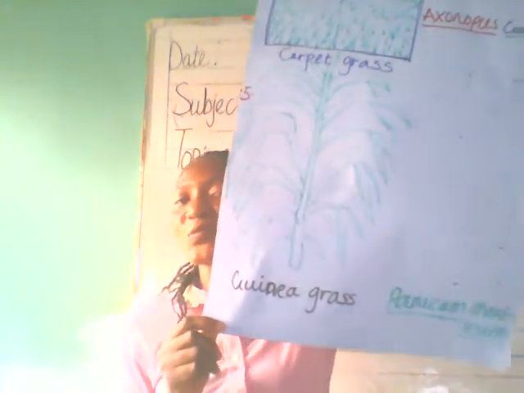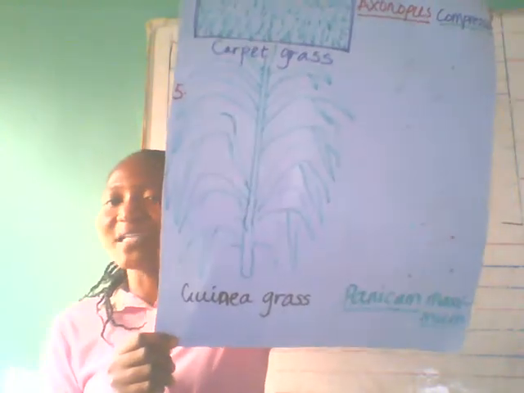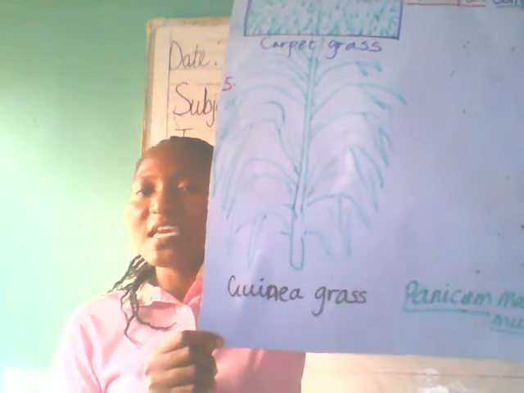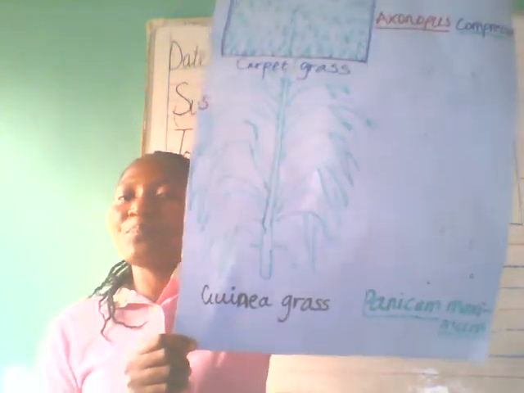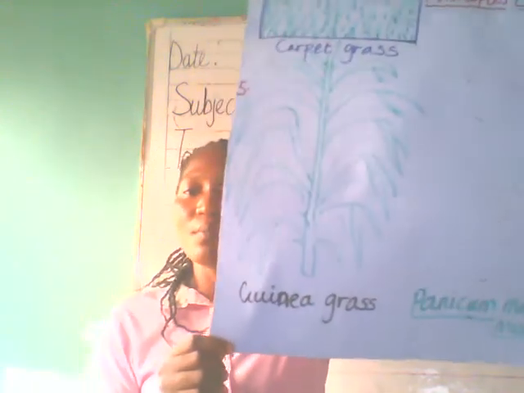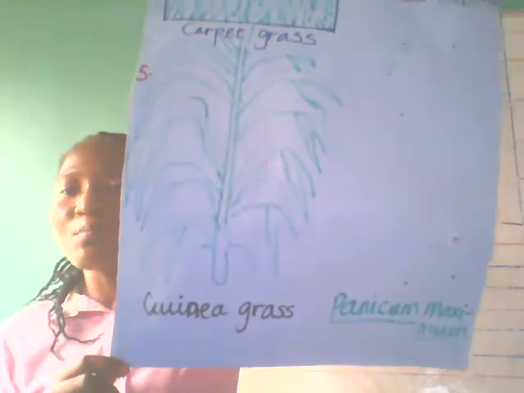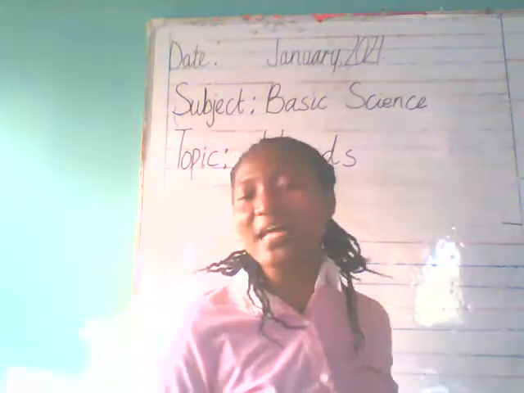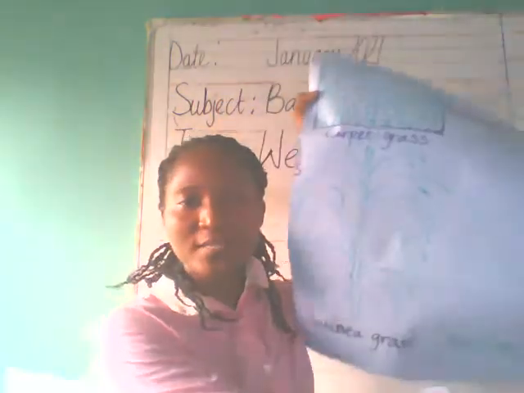Then the last one I have here is Guinea grass. It grows like corn, but it has more leaves than corn. The scientific name is Panicum maximum. What did I say? Panicum maximum.